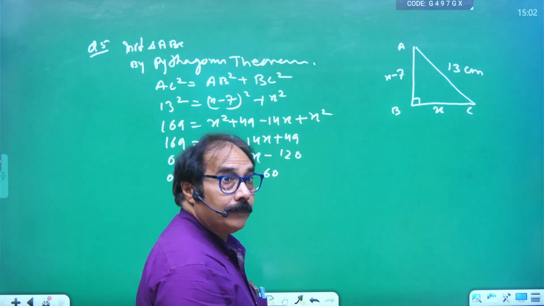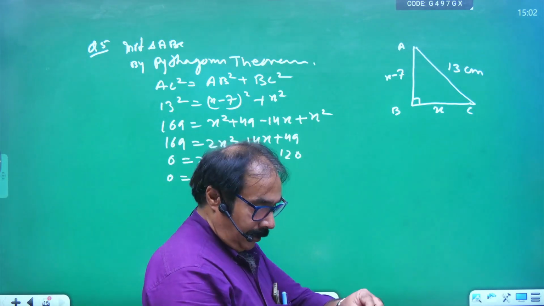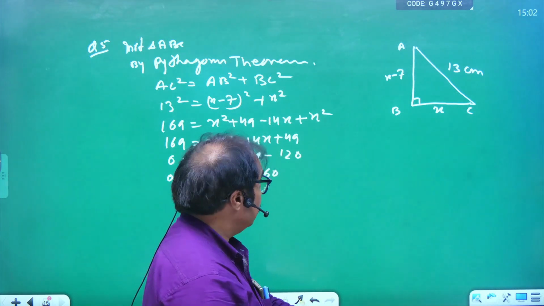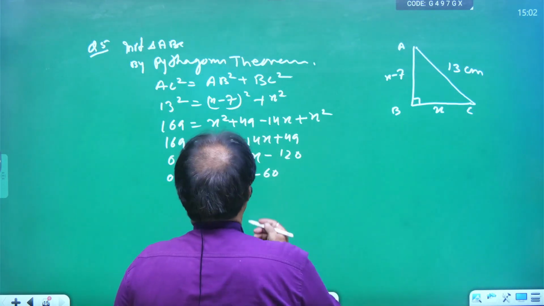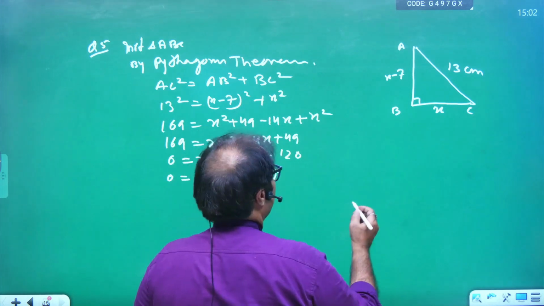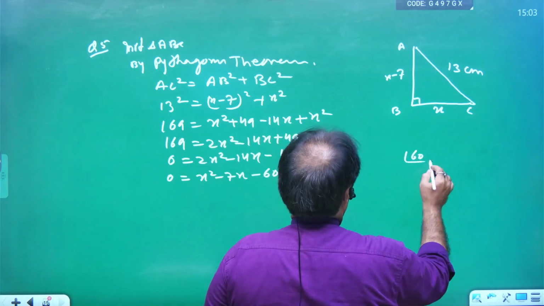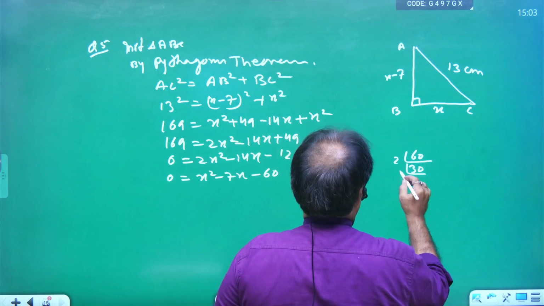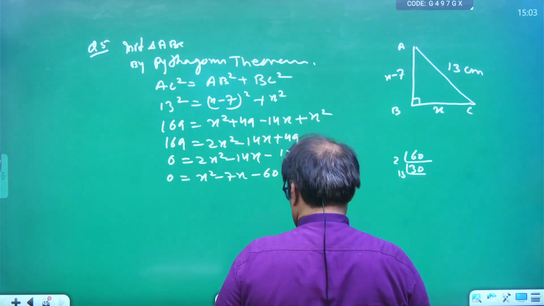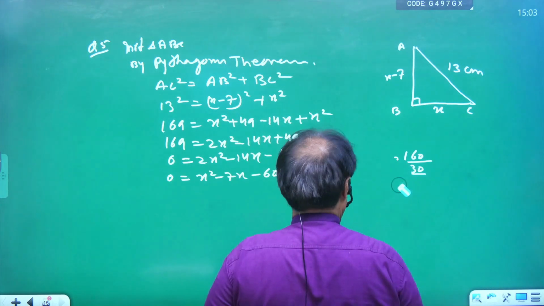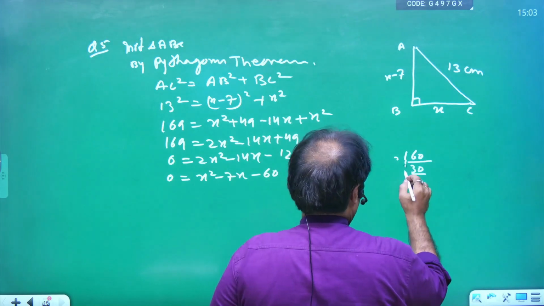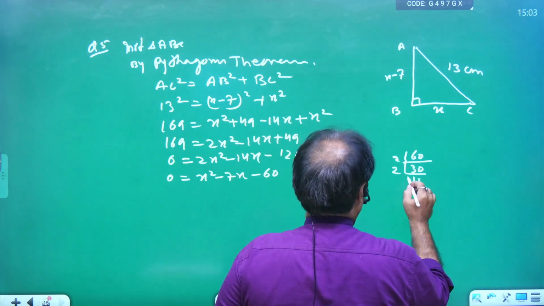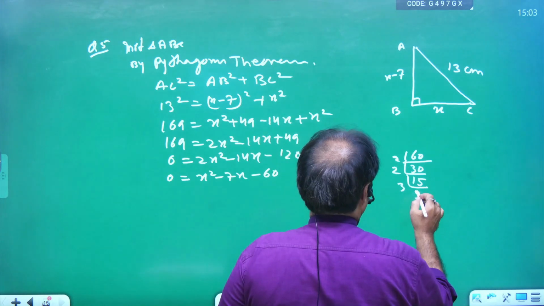Split the middle term. So by splitting the middle term, here is 60, so we will factor 60 as 2 times 30, and 2 times 5 times 6, and by 3 it is 5.